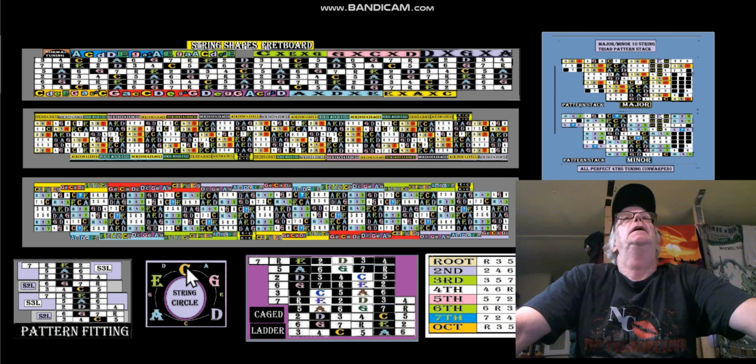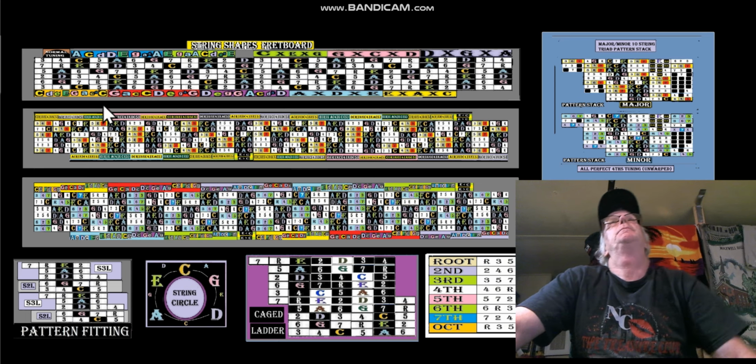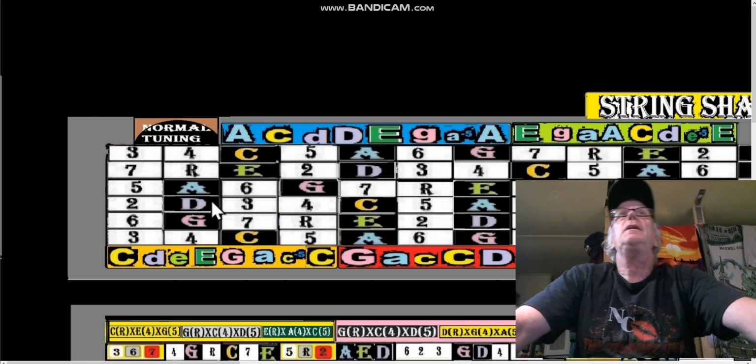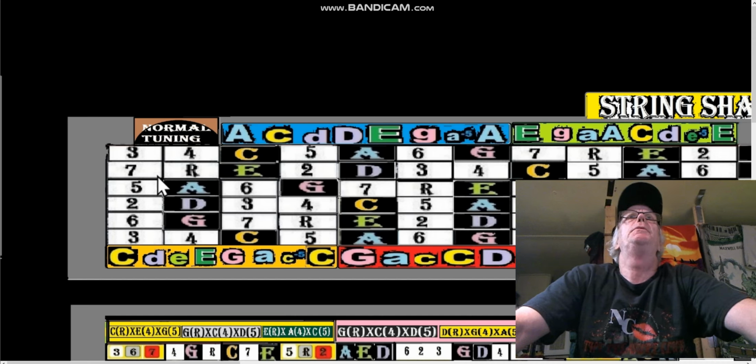Okay, when you're looking at the G and the B string up here, this is the open fret here. You go to the fourth of G, which is C, but it becomes a diminished fourth because of the tuning.